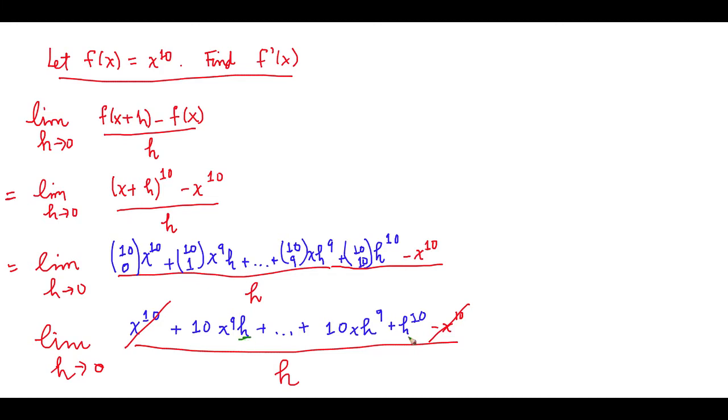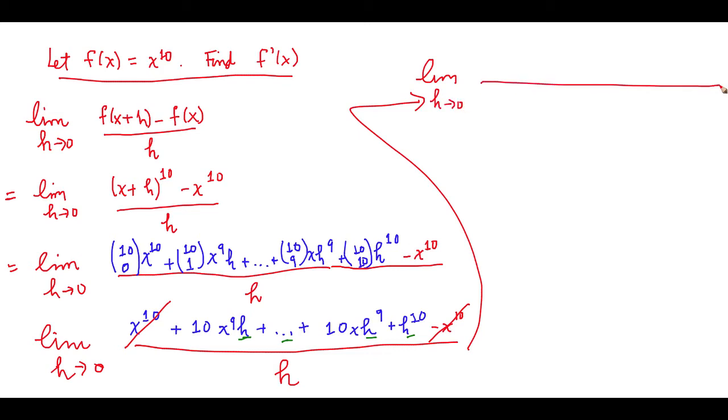There's an h here, an h here, and all of the terms in the dot dot dot also have an h. So what we can do is factor out that h. Let me show you what I mean. We continue over here, factor out that h, still have the limit as h approaches 0, and all of this is over h.